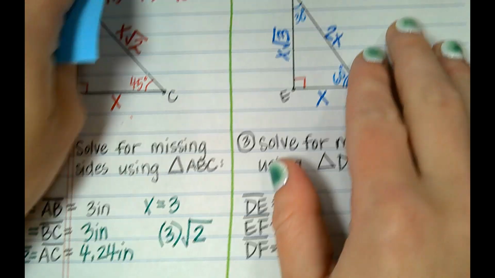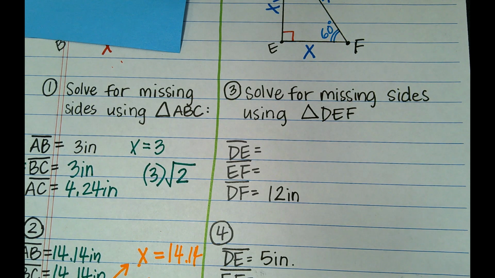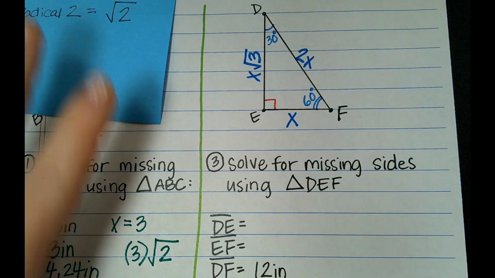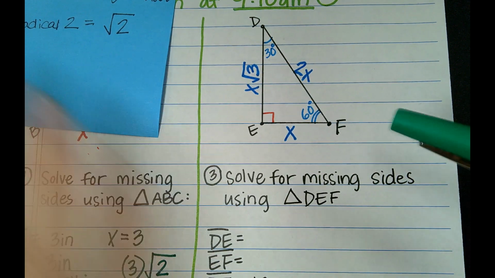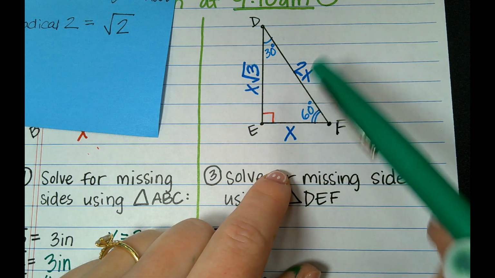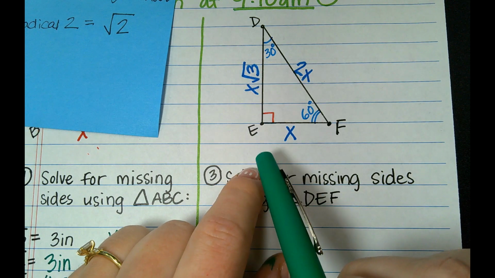So for numbers 3 and 4, we want to switch gears a little because now we have different values for our side lengths. It's no longer x, x, and x radical 2. Now I have 3 different side lengths.